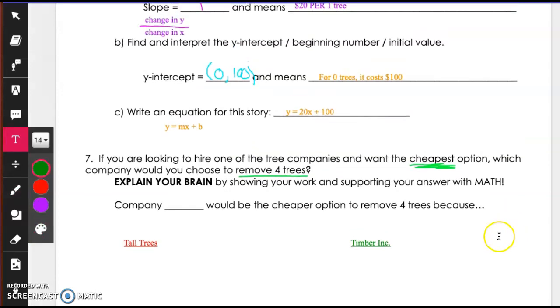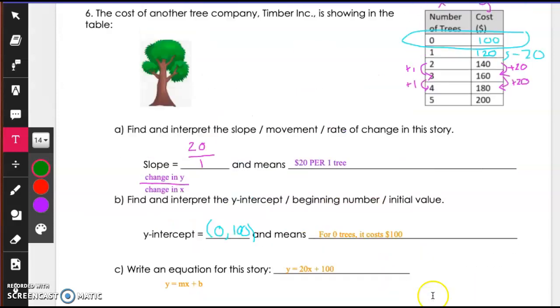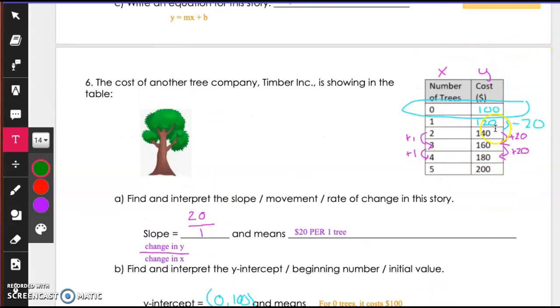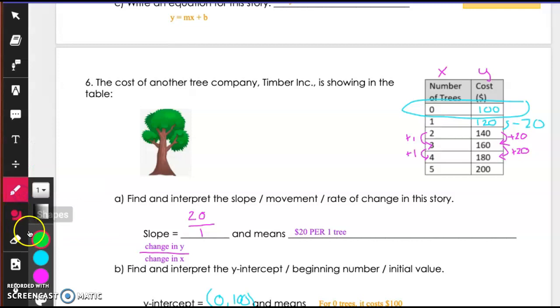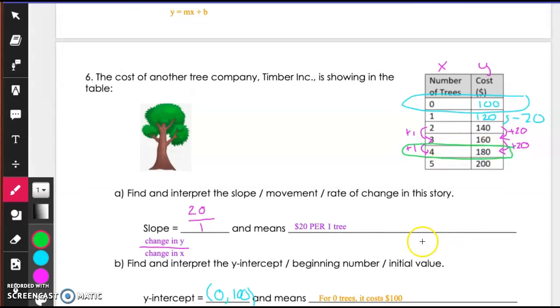So, Timber Inc. We have to compare both of these. I'm going to start with Timber Inc. because we were just there. We were just in the table. And we need to figure out how much it costs to chop down 4 trees. And it has that answer for us right here. 4 trees, $180.